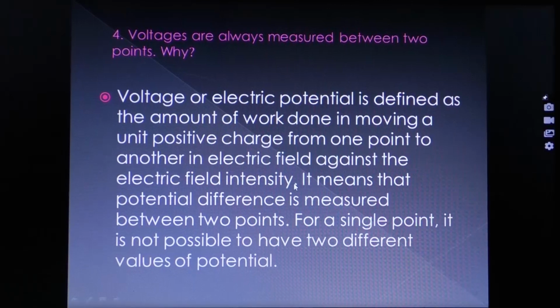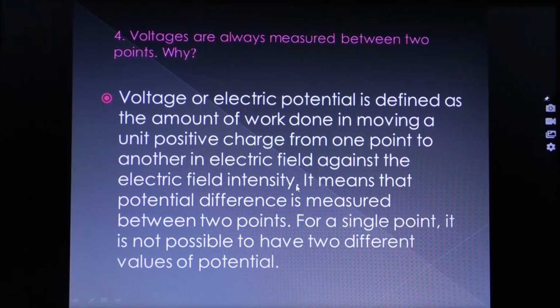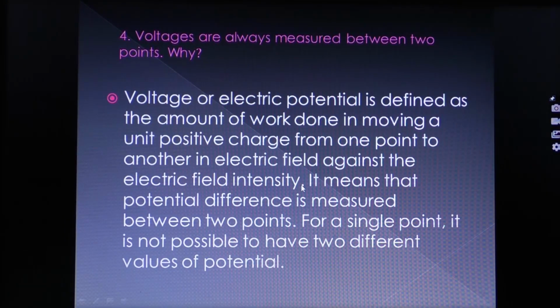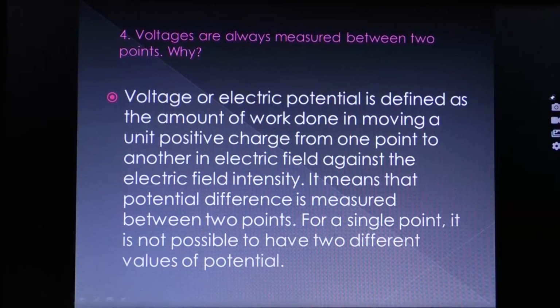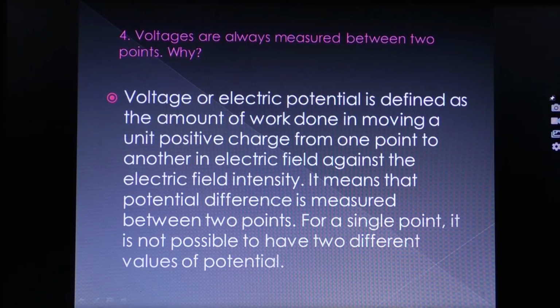So potential difference is calculated between 2 points always. One point is always taken as a reference point, and with respect to this point we compare it with the other.